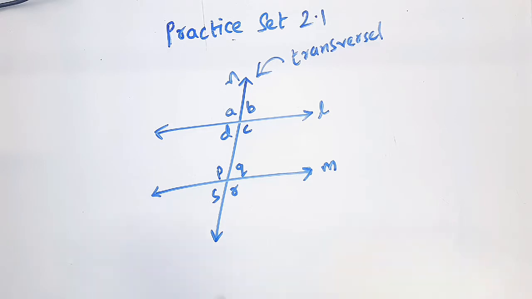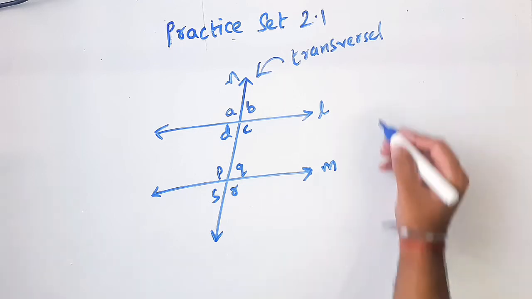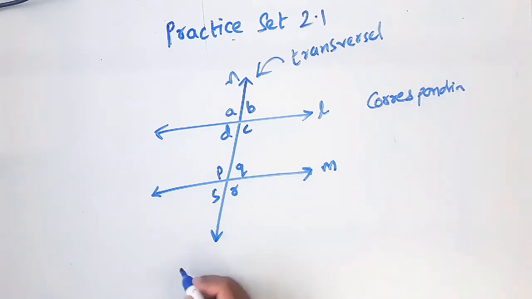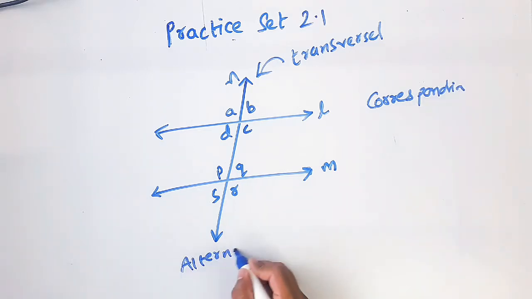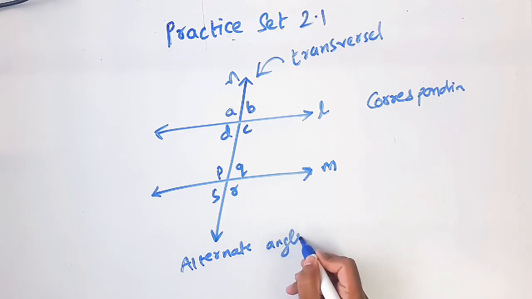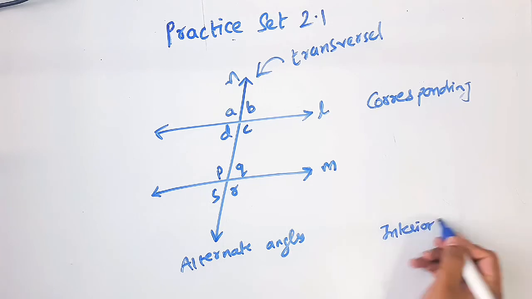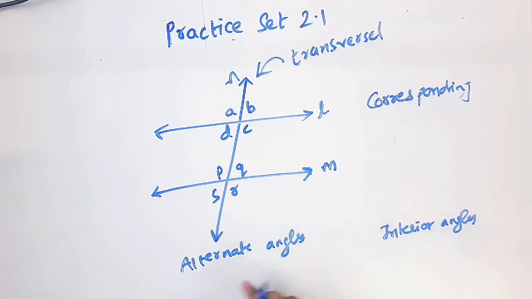Now, out of these 8 angles, you have to identify corresponding angles, then alternate angles, and lastly interior angles. Before I write what are corresponding angles, interior angles, and alternate angles, you have to make out what their shapes are, how they are formed.